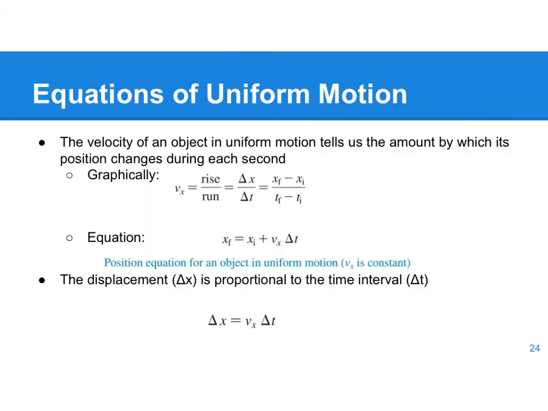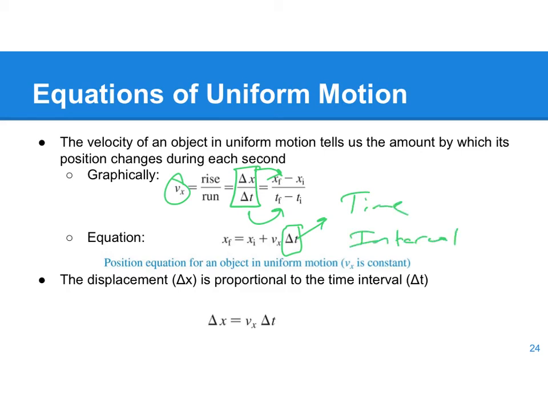Now, there are a couple of equations that I can get from this. Graphically, we know that velocity is the slope, which is delta x over delta t. We could break x down into xf and xi. We could also break t down into tf and ti, but normally we just focus on this concept, which is known as the time interval.